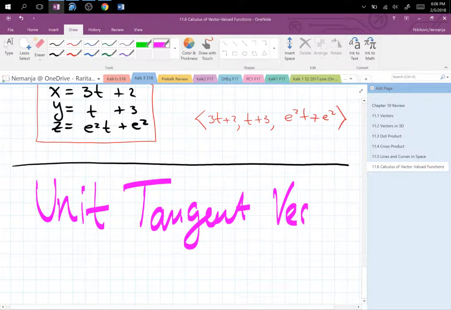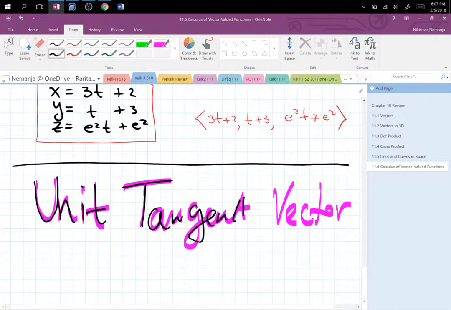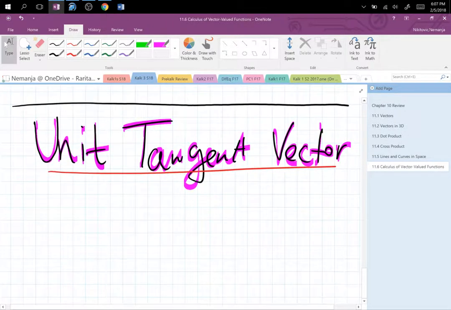Unit tangent vector. So the unit tangent vector is going to be one of the important building blocks of the class.